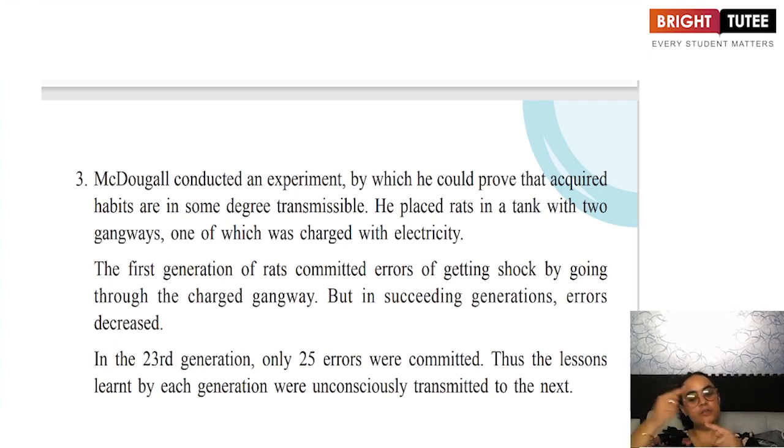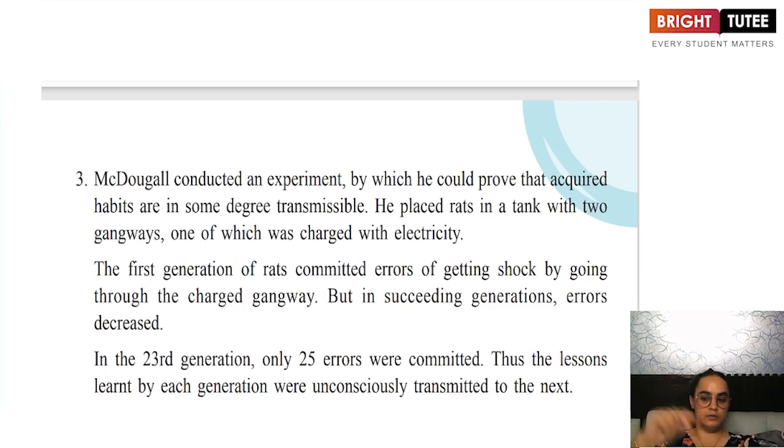But as soon as the generation moved ahead, as soon as there were the offspring of these rats, the errors decreased. That is, the errors that were done by the parents were now reduced when the children were born. So first generation, the rat parents, committed the error by going through the charged gangway again and again.